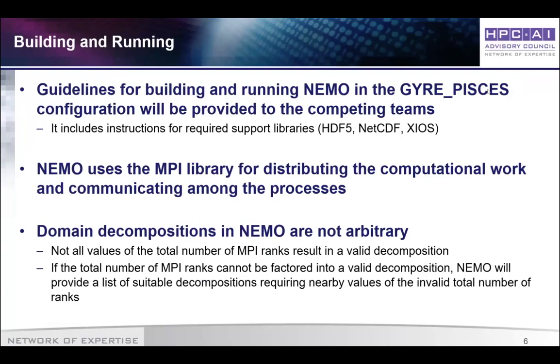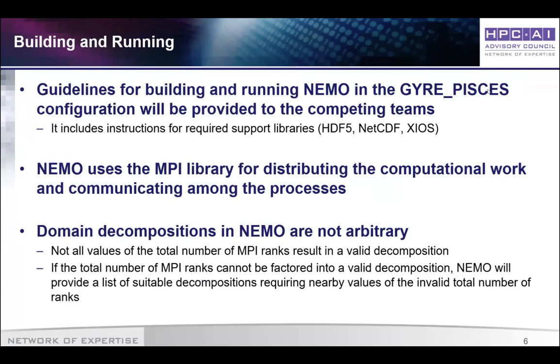And one last item that I really want to mention is that the domain decompositions in NEMO are not arbitrary. The program determines how to best distribute the work among the available processes, keeping in mind that not the whole planet is water. So not all values of the total number of MPI ranks result in a valid decomposition.